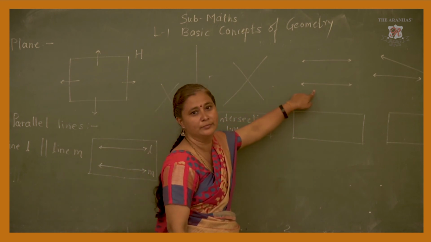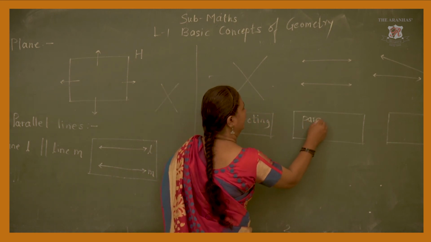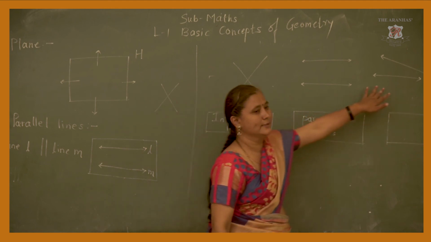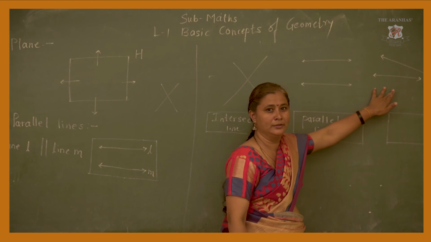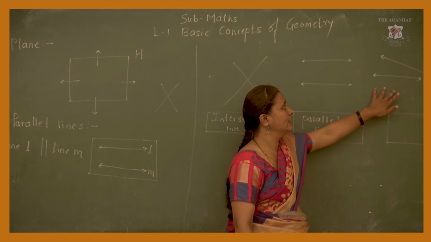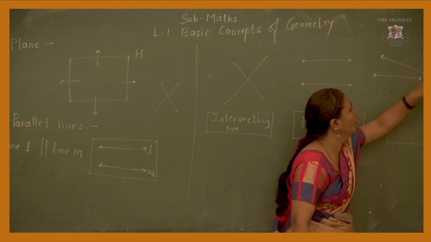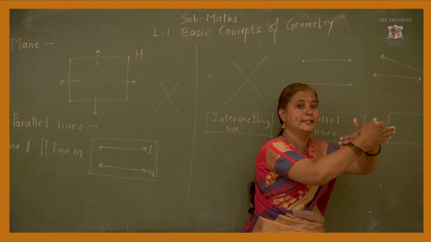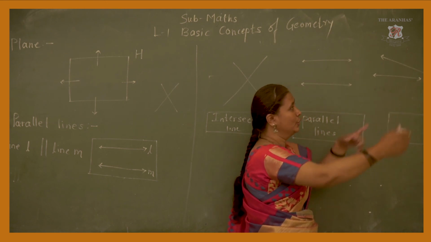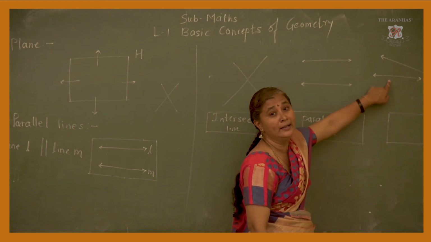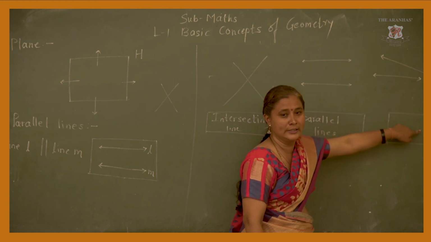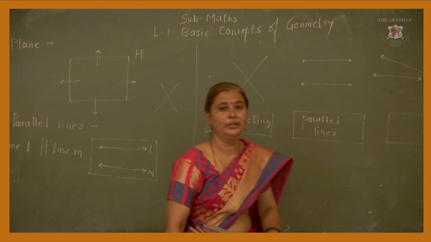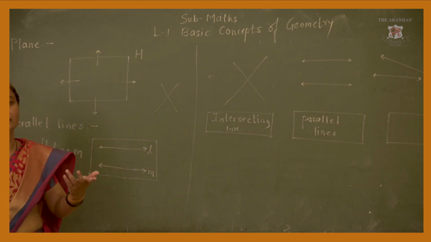This figure is of parallel lines. Now guess, is this one parallel lines? No, because when the arrows go on infinitely, they intersect each other somewhere in the plane. So this is not called parallel lines. It is also called intersecting lines. Understood?